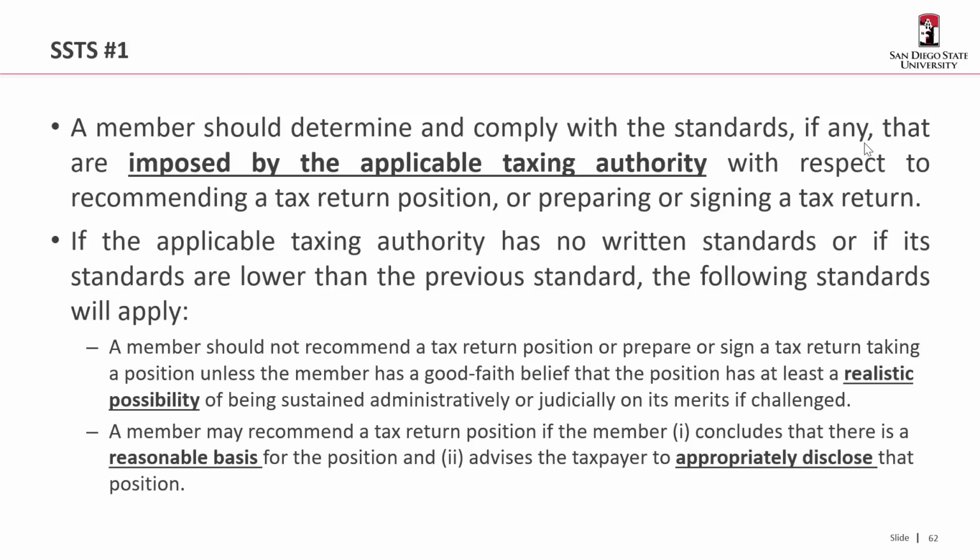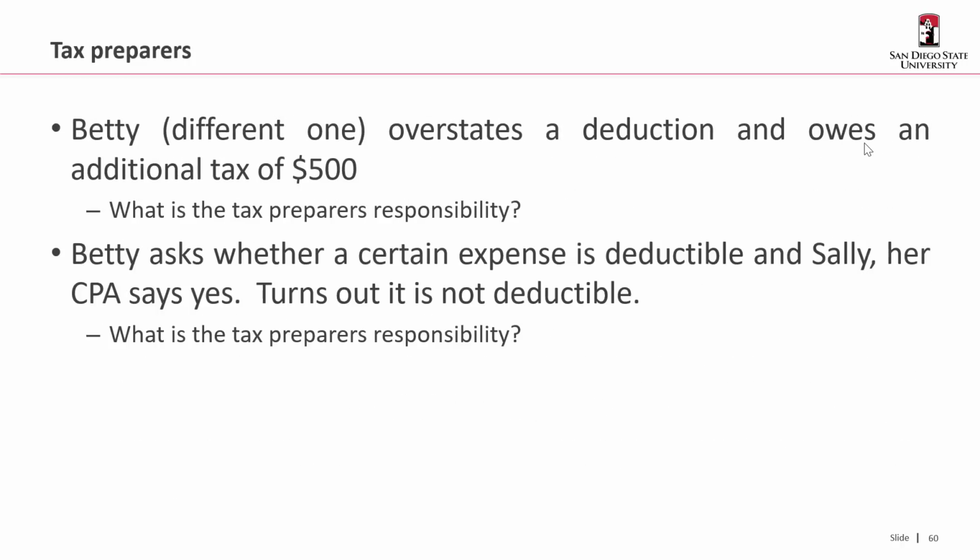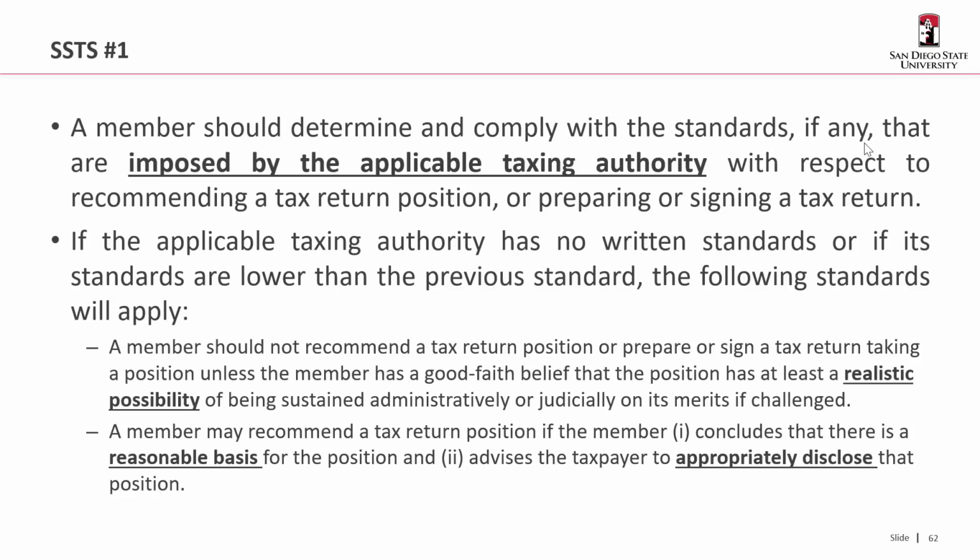And that's with respect to recommending a tax return position or preparing or signing a tax return. So when we think about, is that item deductible? Right? So what needs to happen is, what was her name? Sally, the CPA, needs to determine what is the standard that the taxing authority imposes on me as a tax preparer.